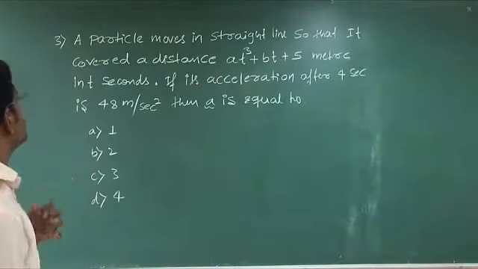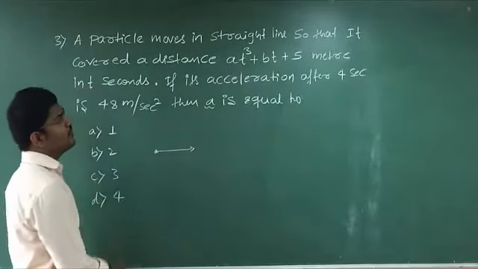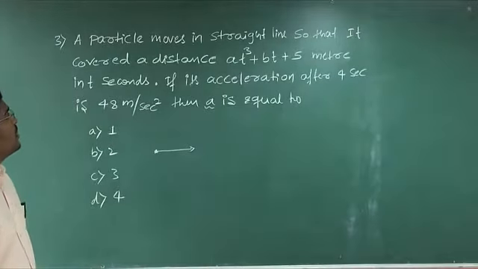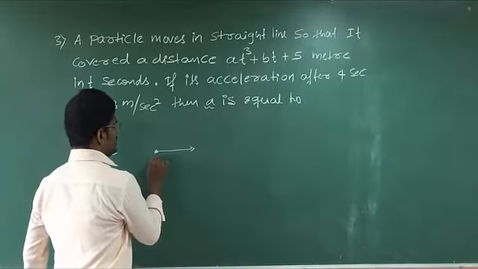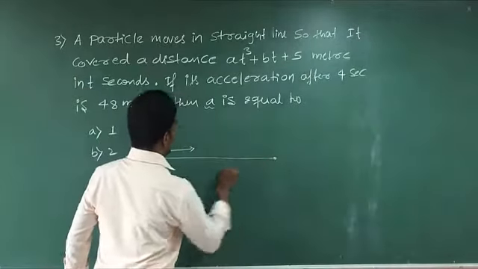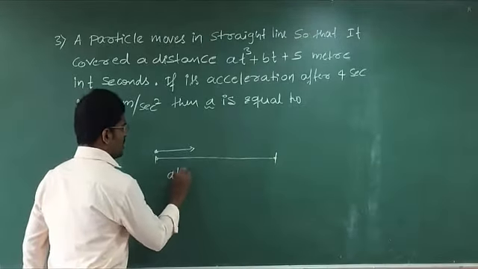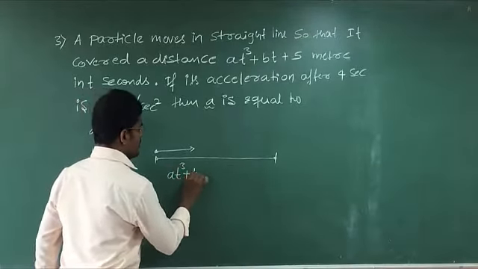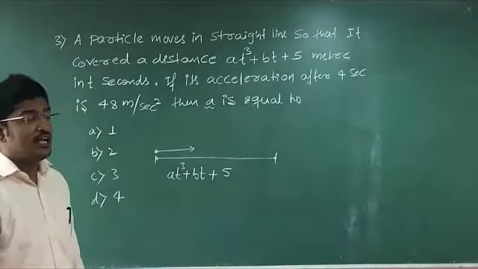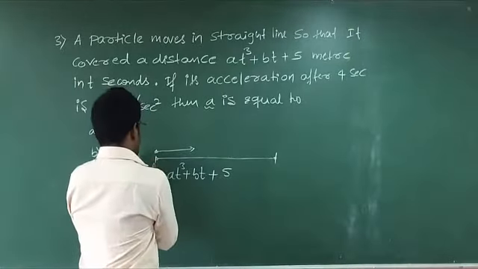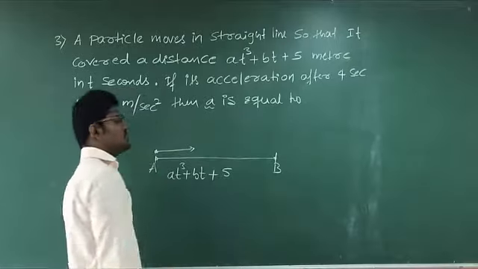So let us solve this problem. Okay students, a particle is moving in a straight line and covers a distance. So in a straight line, the distance covered, that means the displacement, is given by a t cube plus b into t plus phi. That means from point A to point B, the distance traveled is a t cube plus bt plus phi.